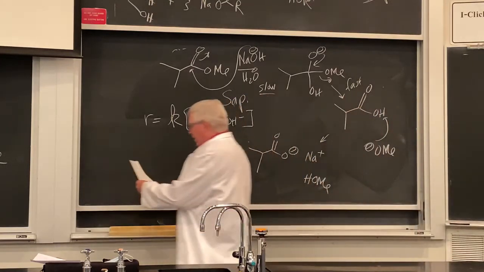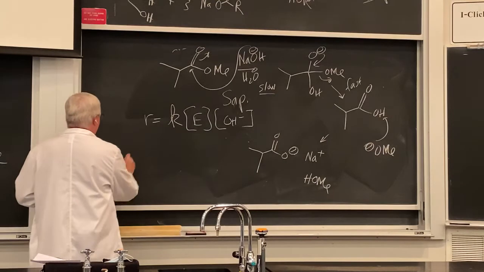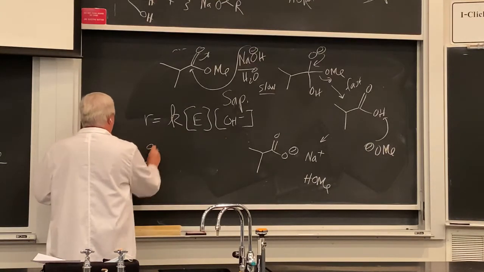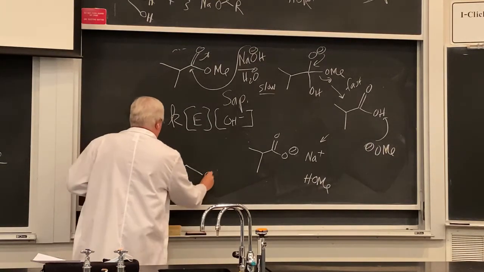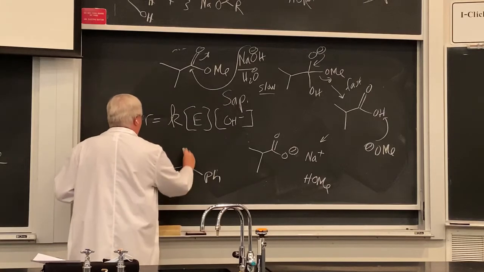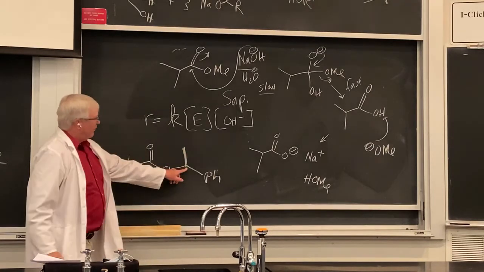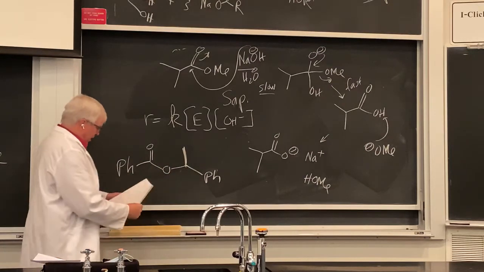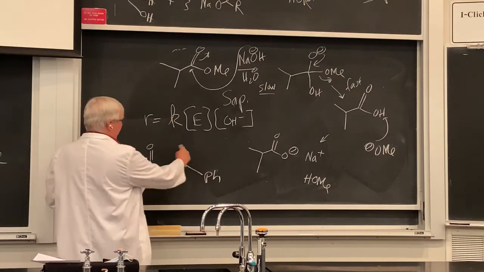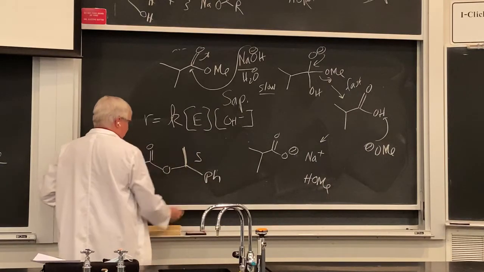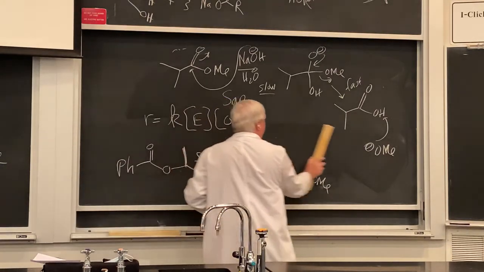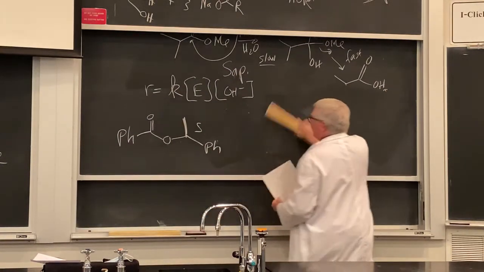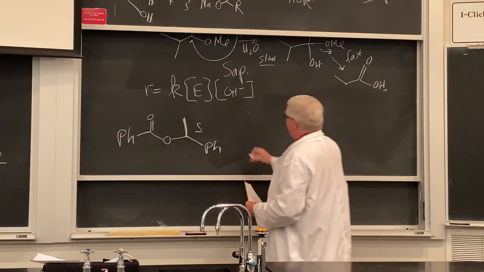Another thing is stereochemistry. Let's look at an ester where we have a stereocenter. So here's an ester with a stereocenter right here, this methyl group, and this is a secondary position on this ester. And what is that stereocenter? Let's see, it's S. Now let's go ahead and do the reaction here. Let's saponify this ester right here.